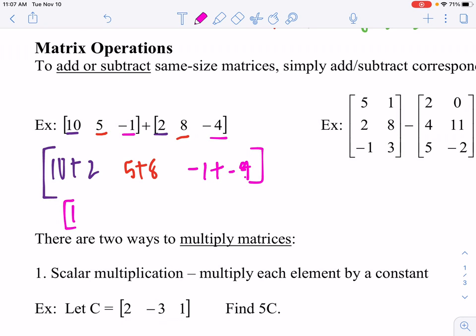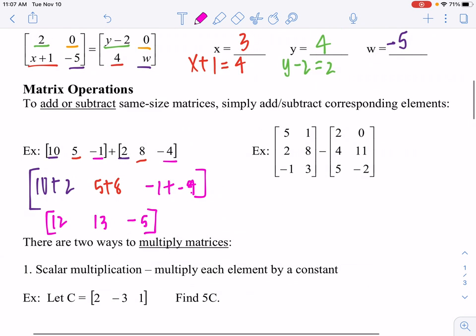So if we were to add them together, the new matrix would be 12, 13, negative 5. So we use the first ones to make the new first one, middle ones to make the new middle one, last ones to make the new last one. And we added them because that's what it told us to do.